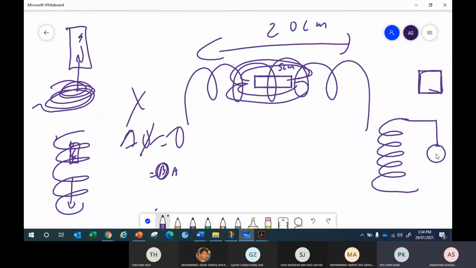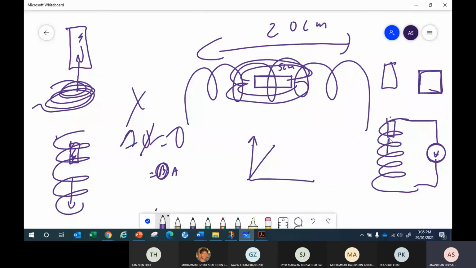If you have a battery, you have to put a voltmeter or ammeter here. Okay, the very long one, and you put a magnet inside. When you approach, you will get voltage. Yeah, correct.